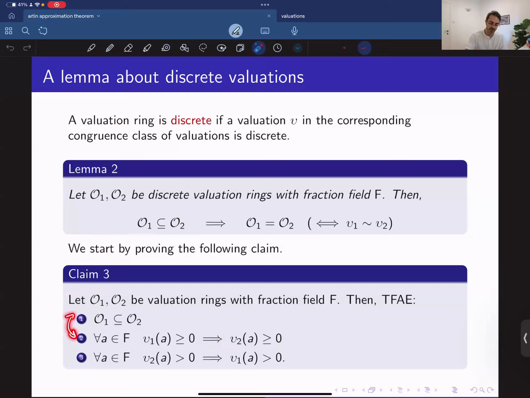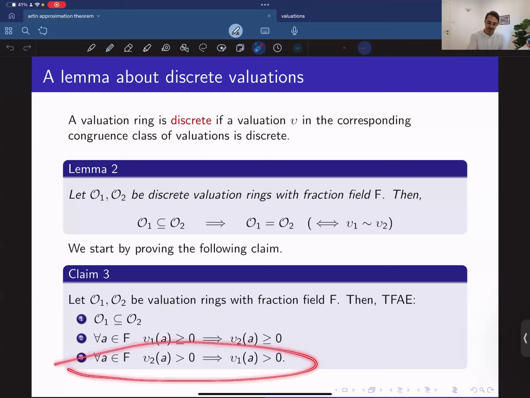Right, this is equivalent to 1 because an element is in O1 exactly when this holds, and an element is in O2 exactly when this holds. So 1 and 2 are equivalent. We just wrote the definition of what it means to be in O1 with respect to V1.